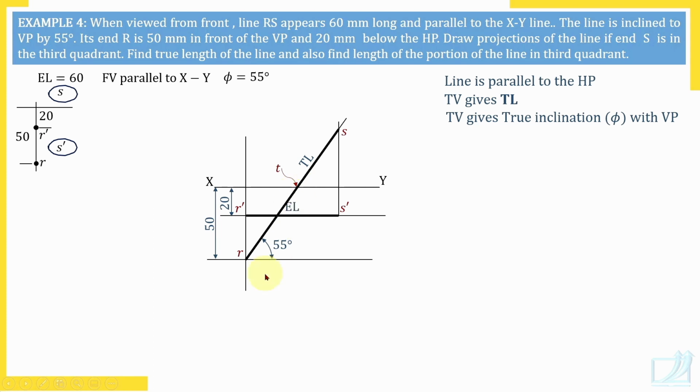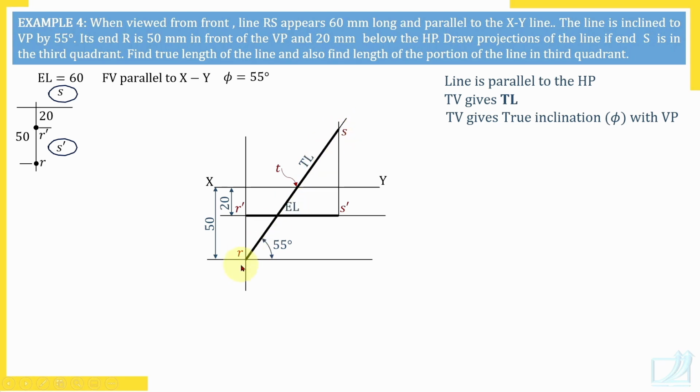Try to understand. There are infinite points on the line. On this line RS, there are infinite points. Out of those infinite points, one particular point we have labeled as T. So point T is on line RS, and this is top view of point T. Simple.